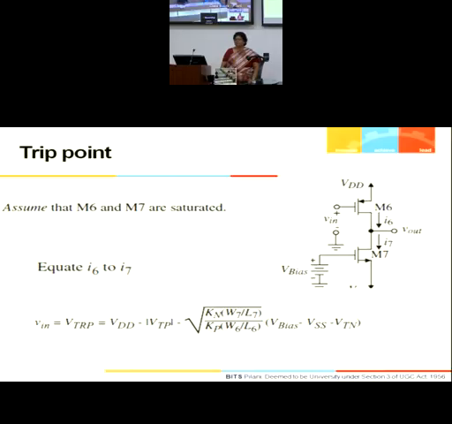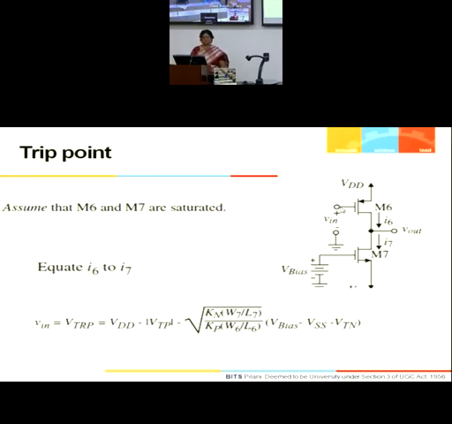The same method as we use in digital. And when we equate them together, the expression for V in will give you the expression for the switching threshold or trip point. Okay? This is where I will say my input will trip.